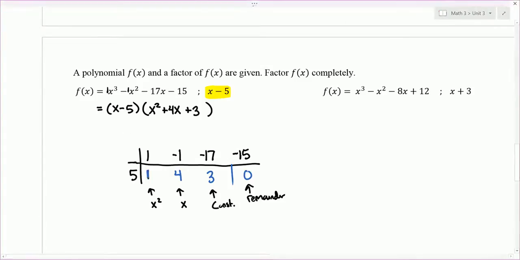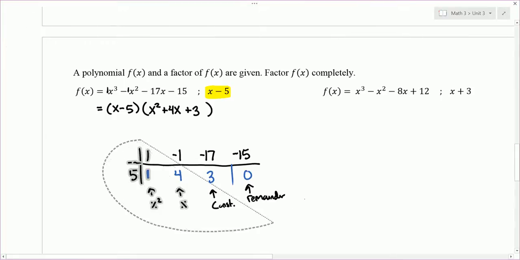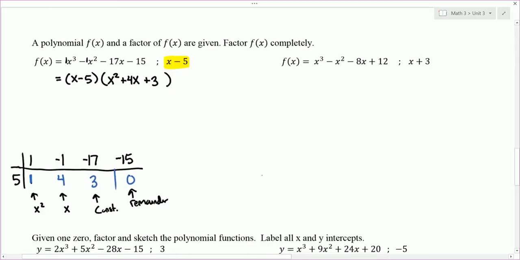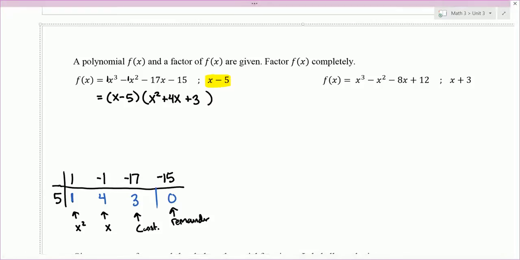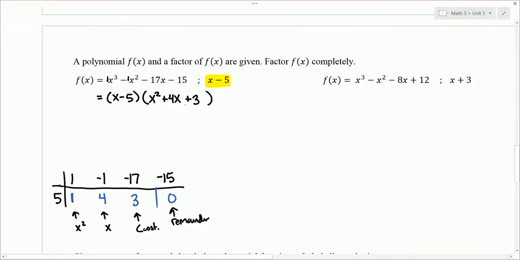Okay. Let me move this down a little bit out of our way. So if we can factor more, we need to factor more. And so what I'm going to do is look at the x squared plus 4x plus 3 and see, is there anything else we can do to that? Can we come up with two numbers that multiply to 3 and add to 4?